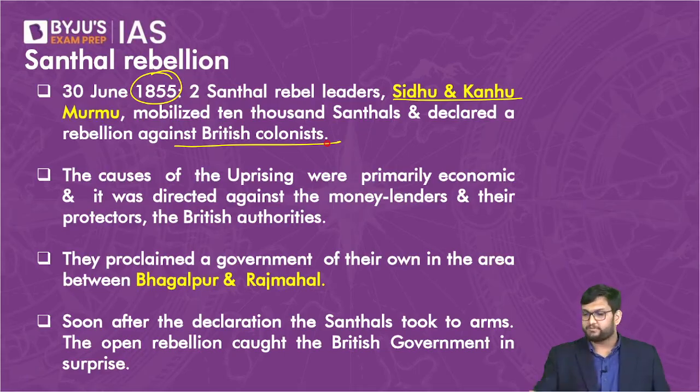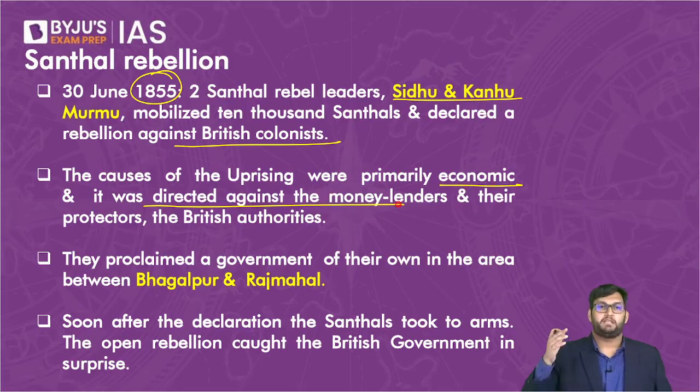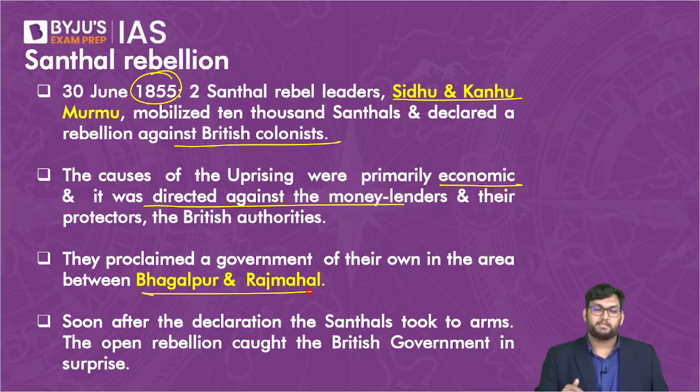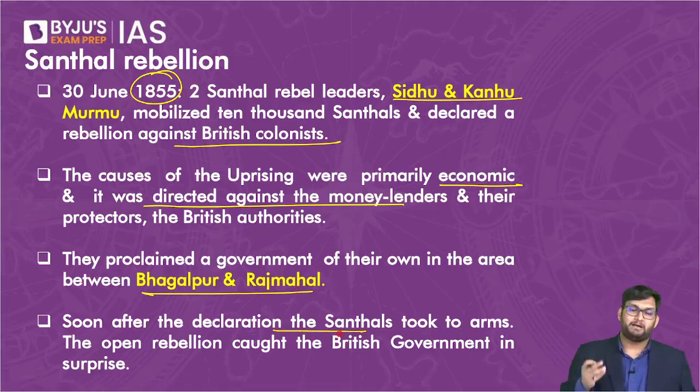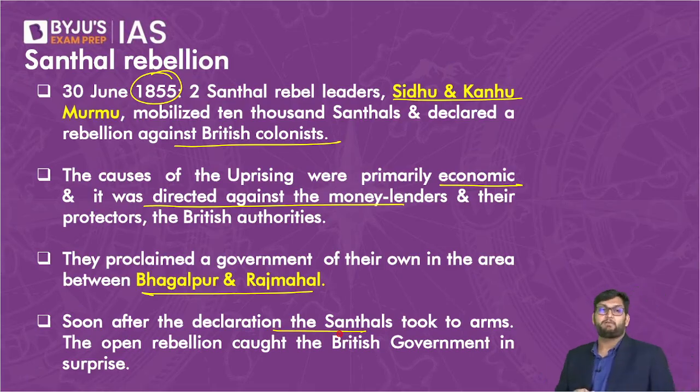The uprising was against economic exploitation, against moneylenders, and the British authorities were protecting the moneylenders who had entered the zone of the Santhal people. The area was the Bhagalpur and Rajmahal Hill complex. Soon after the declaration, the Santhals took up arms and the British were again taken by surprise initially.